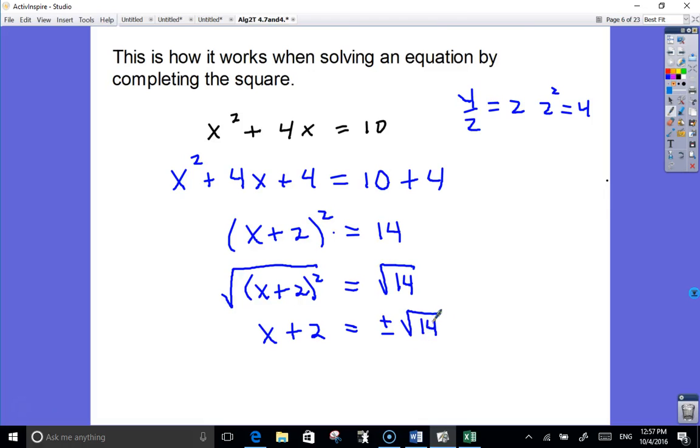Now can we simplify the square root of 14? Right, it's not a perfect square, it doesn't have any factors that are perfect squares, so no, we can't. But we're not done solving for x. Last step, subtract 2, right? So this will be x equals negative 2 plus or minus the square root of 14. Done.